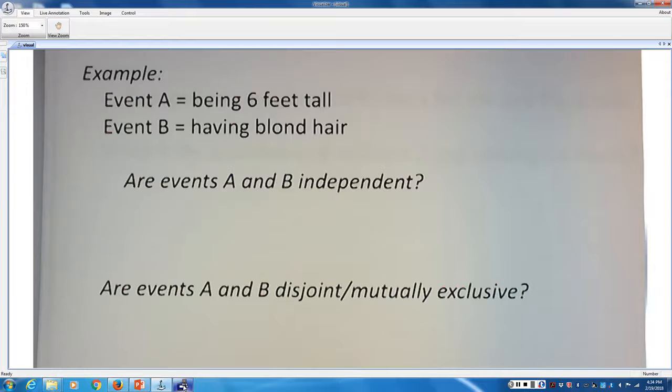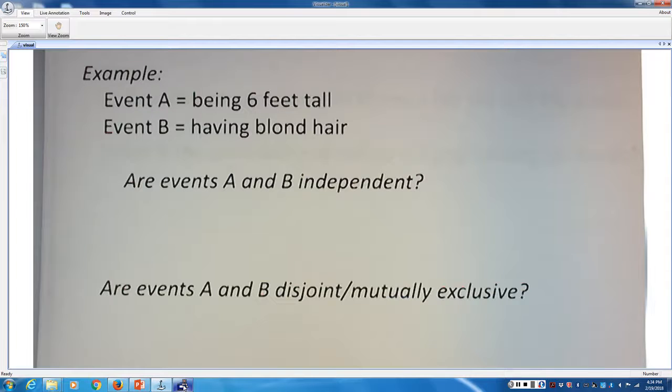Event A is that we randomly pick somebody that's 6 feet tall. Event B is that we randomly pick somebody that has blonde hair. Are they, one, mutually exclusive? Are being blonde and being male disjoint or mutually exclusive? Those mean the same thing.